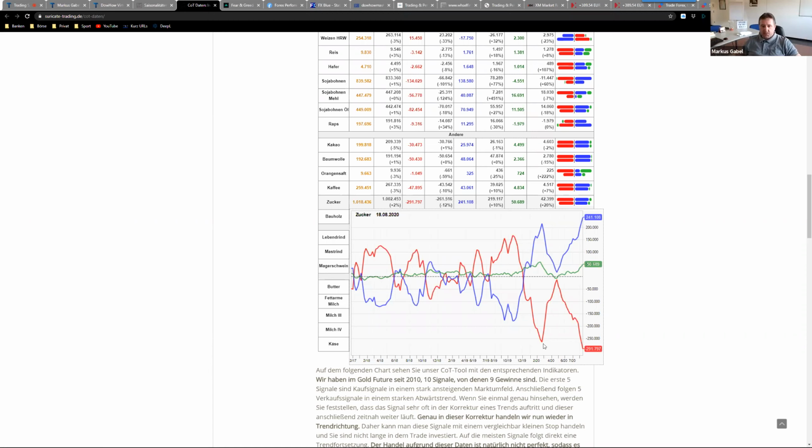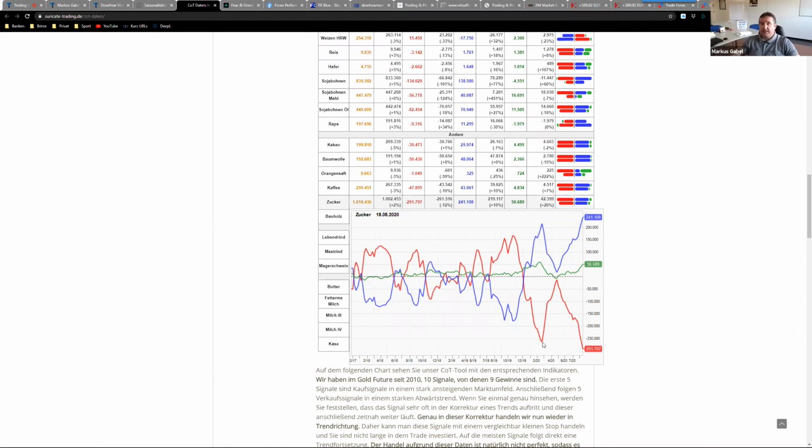For example, in February 2020 we had a high price in sugar and huge short positions from the producers, because the commercials know there will come a specific time when the price of sugar will decrease.